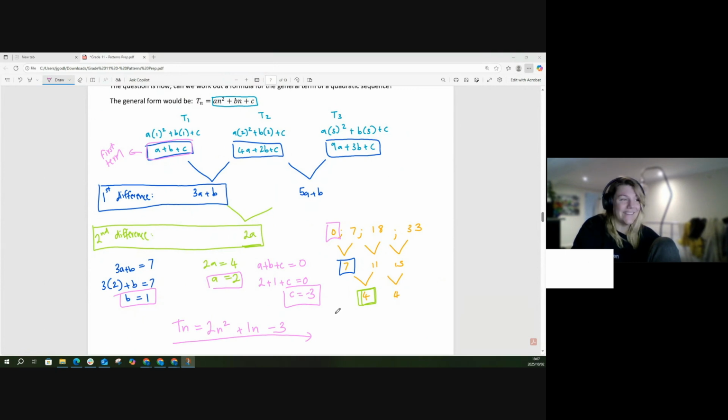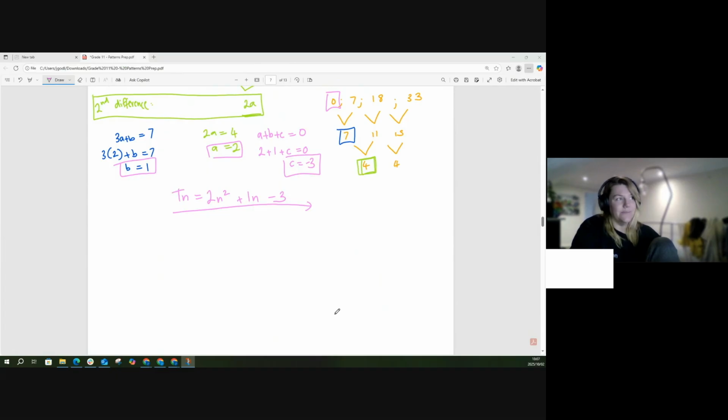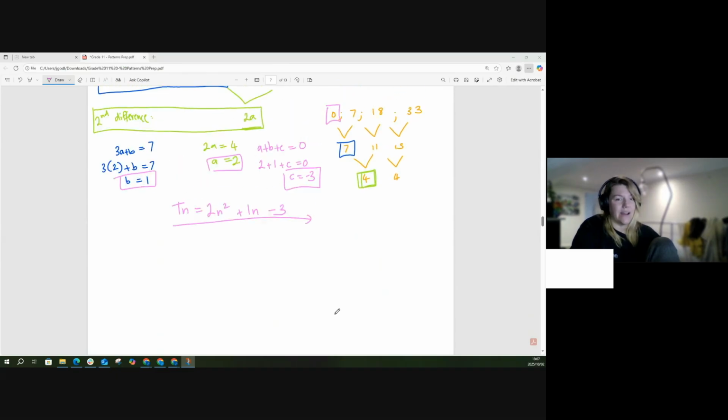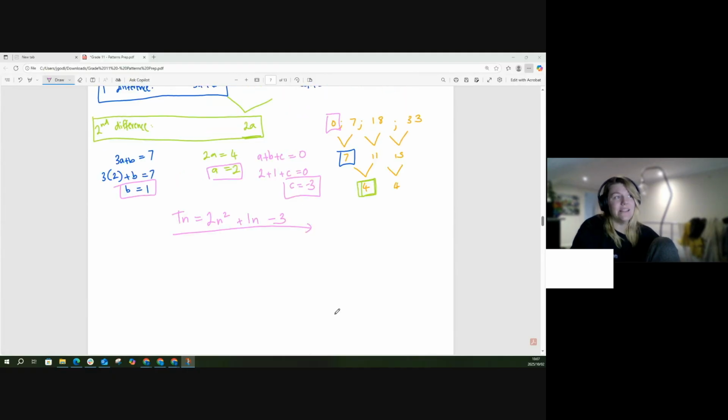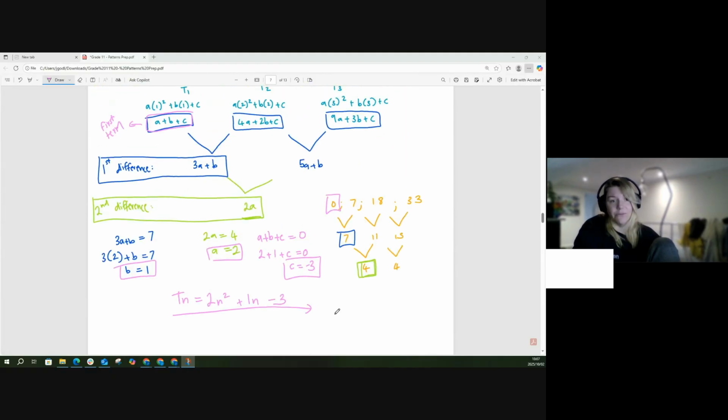Yay. So this can get confusing. So I like to think of it as steps. So you don't need to remember that. That is to understand why we use the formula we use.